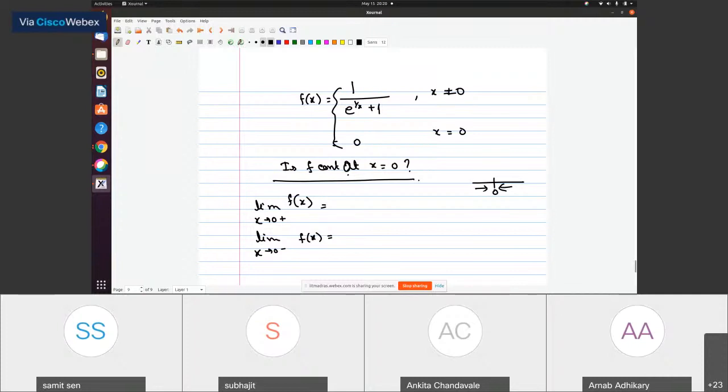So 1 plus e to the power 1 upon x tends to 1 plus 0, which is 1, and then 1 upon 1 tends to 1. So the limit does not exist, as the left limit we calculated as 1 and the right limit as 0. Okay. So do you understand what she is telling?